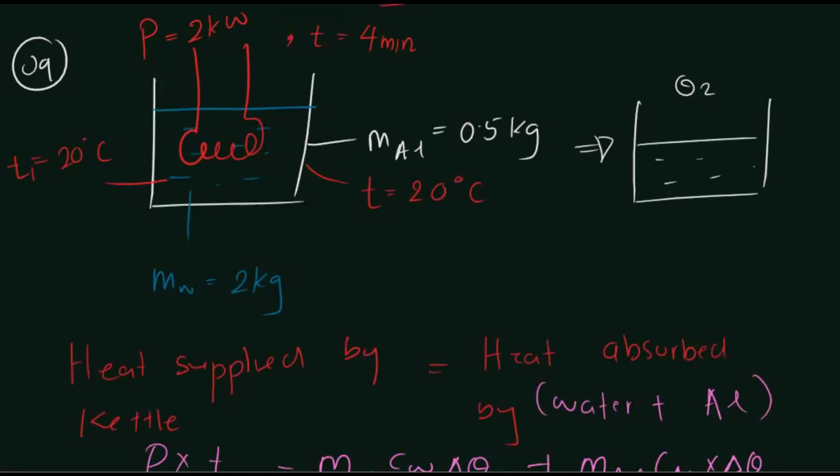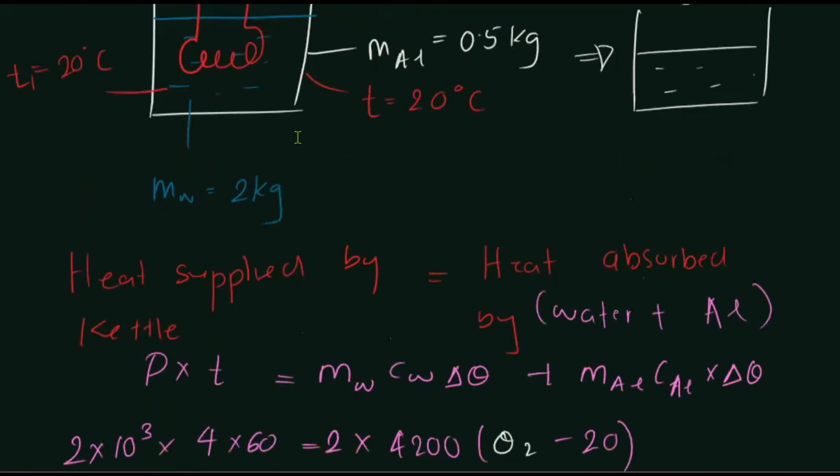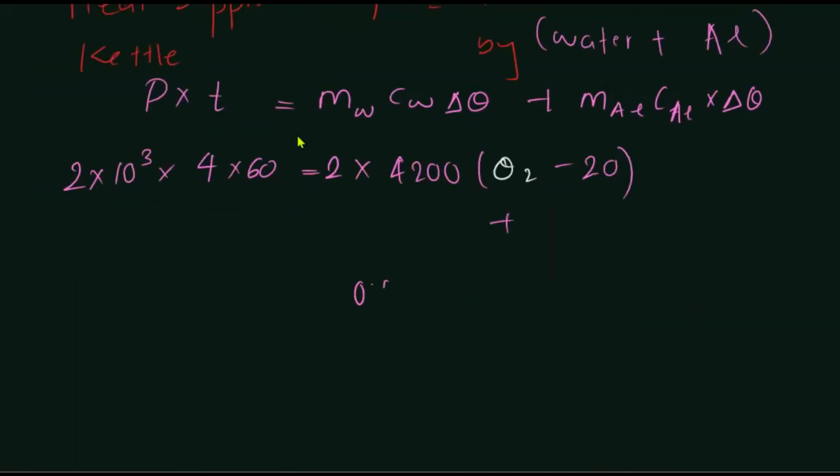So the temperature change is theta 2 minus the initial temperature of 20 degrees Celsius, plus the mass of aluminium, 0.5, with specific heat capacity 900. The aluminium is also going to reach T2, initially at 20 degrees Celsius.